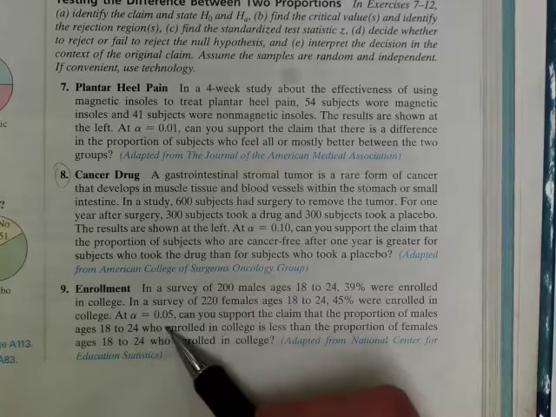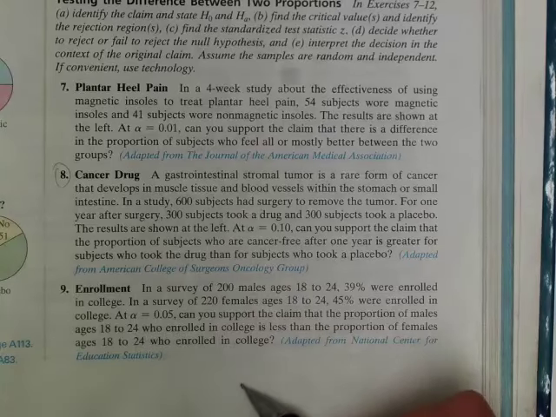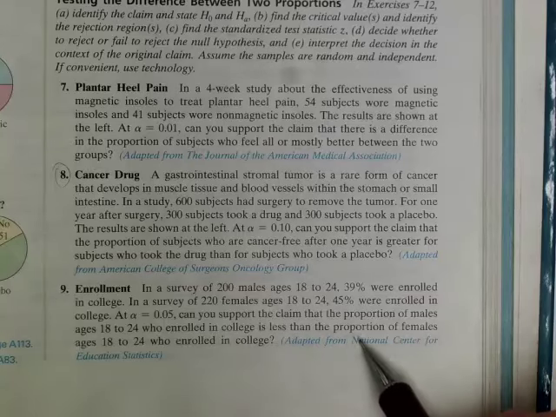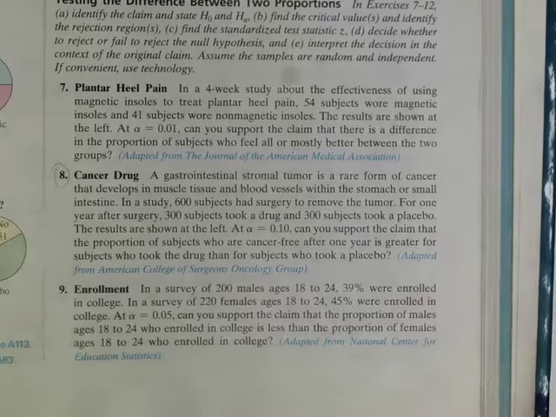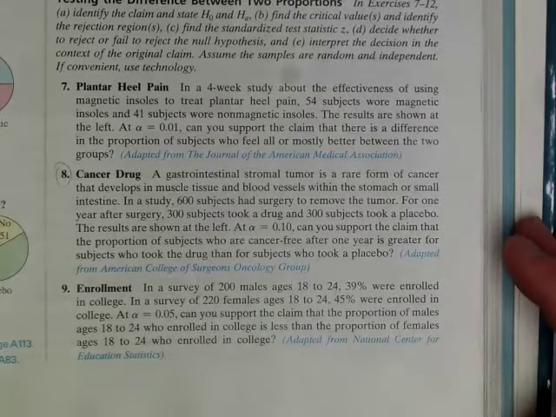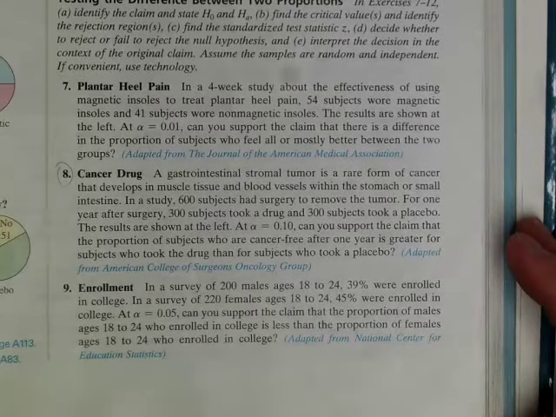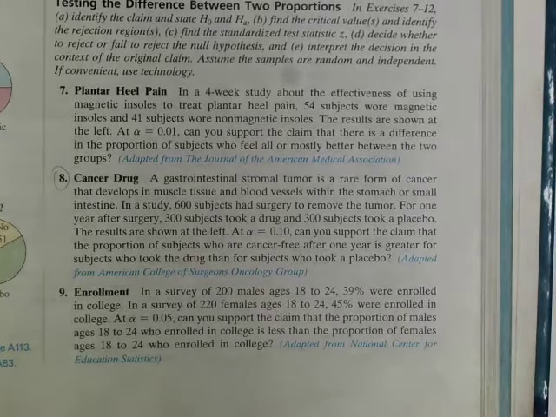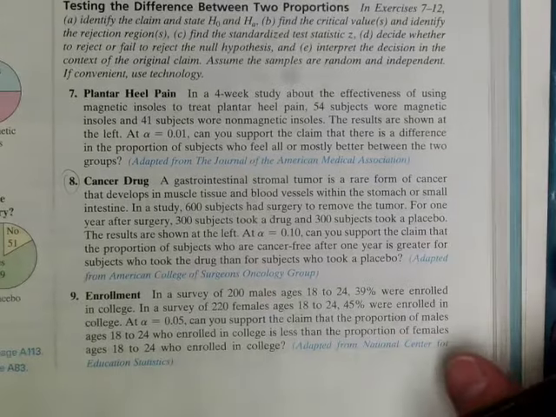At alpha equal 0.05, can you support the claim that the proportion of males who enrolled in college is less than the proportion of females who enrolled in college? So what I want to do is write the null and the alternative in terms of the two parameters p sub 1 and p sub 2.